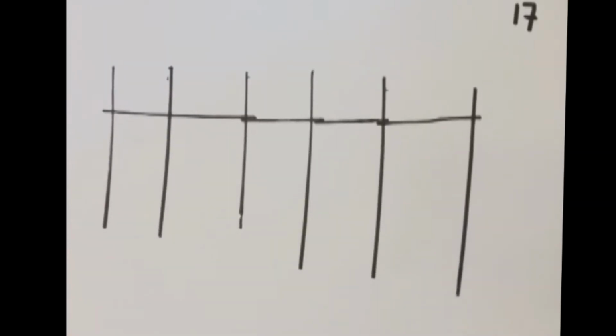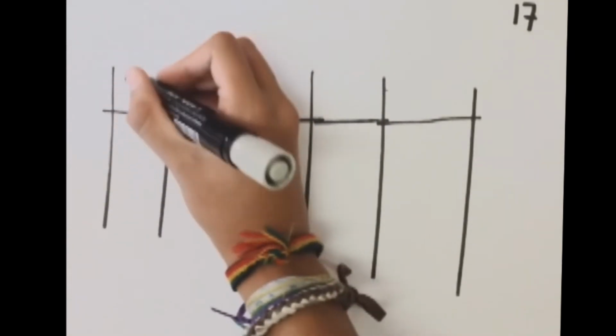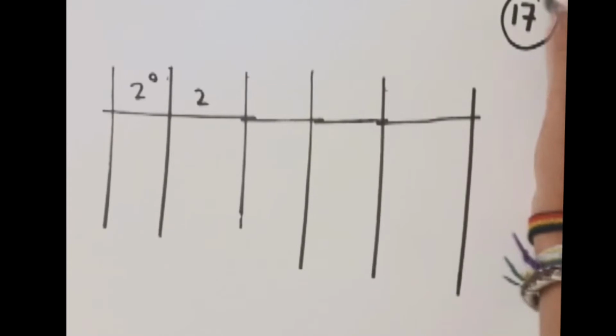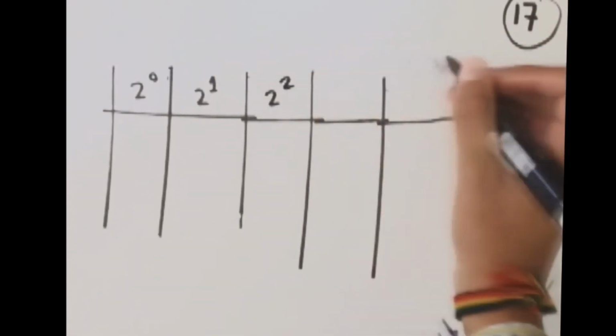Alright, so I'm going to explain to you guys how to convert regular numbers into binary coding. Since binary works with the power of 2, we're going to be working with the different powers of 2 to convert the number 17. I'm just going to write it down on this table.